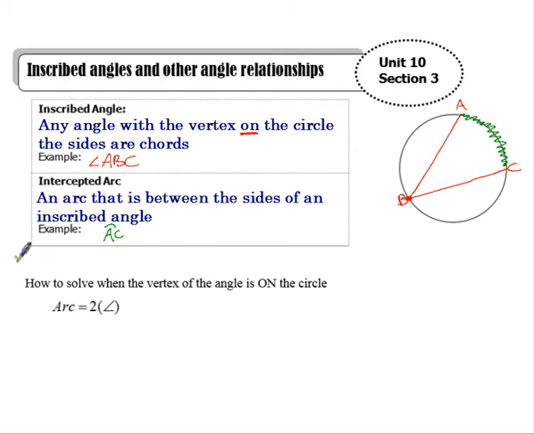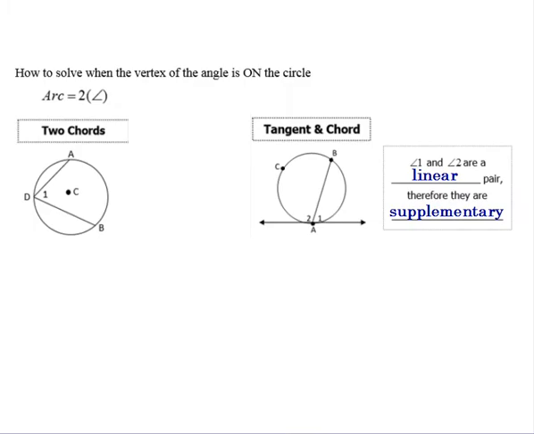We're going to look at problems on how to solve for either the inscribed angle or the intercepted arc. The equation, in words, is the arc is equal to 2 times the angle. That's the rhythm we're going to use for a lot of these problems: arc equals 2 times the angle.